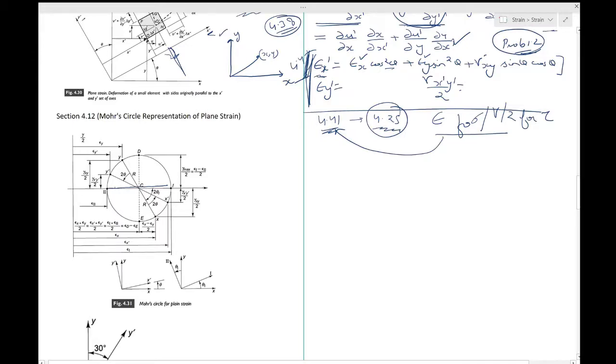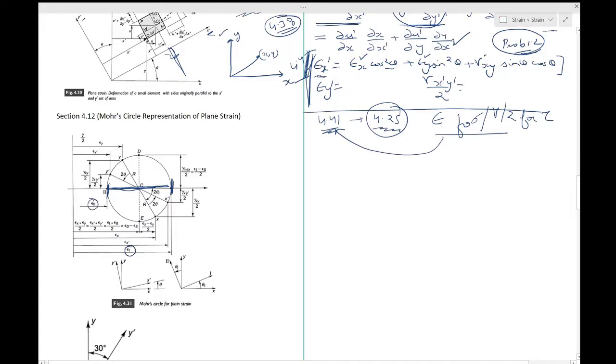That's obvious because it's lying on this axis where gamma by 2 is equal to 0. Also, the normal strain components have their maximum and minimum values on these axes. So this is the maximum value, this is the minimum value, just like in the previous case, and that's why I think you call this E1 and this is E2, right?